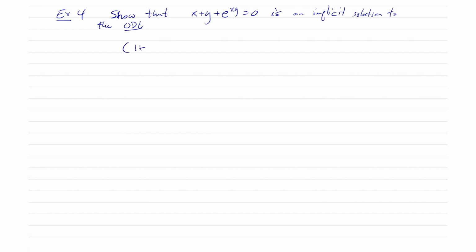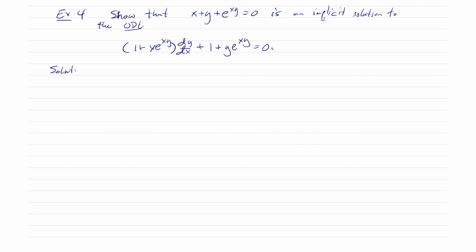This is 1 plus x e to the xy times dy by dx plus 1 plus y e to the xy is equal to 0. Okay, so I'm going to just do the same routine, and then I'll actually give you a definition for the implicit derivative. All right, so let's go ahead and do it.